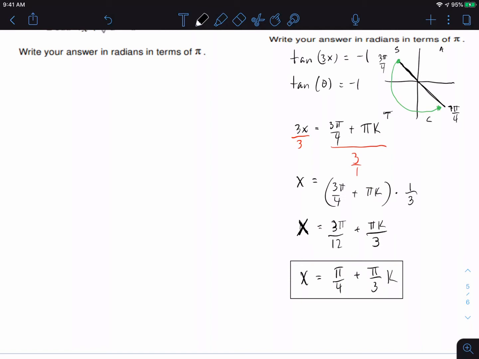So, quick question for you guys. When do I use the k pi or 2k pi, or when do I add that to my answers?